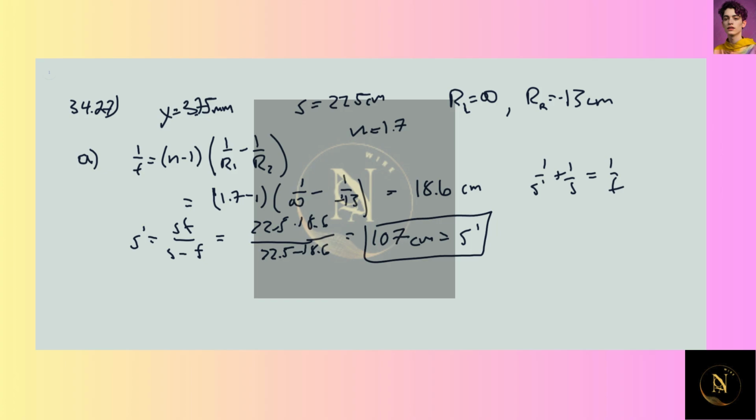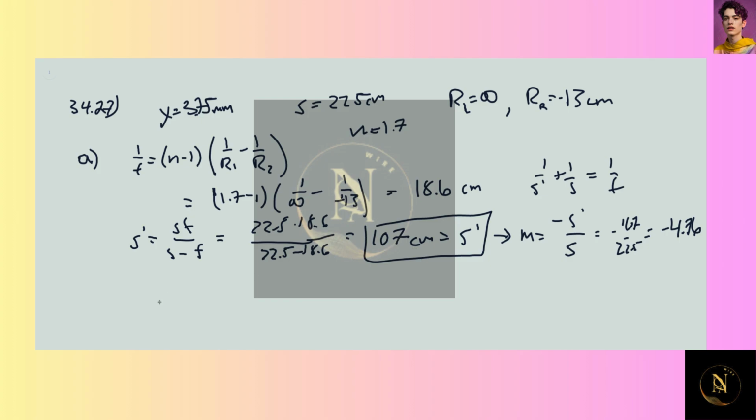So this is a positive image distance. We can then find the magnification by negative S prime over S. And this comes out to being negative 107 over 22.5, so this is negative 4.76.